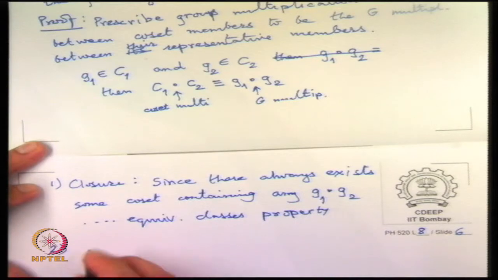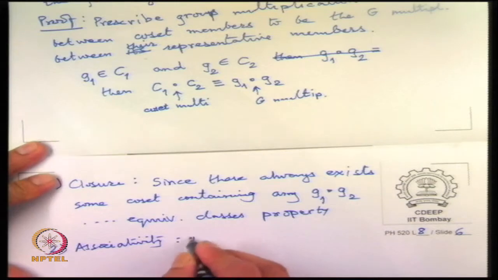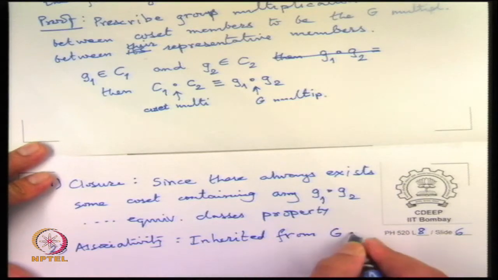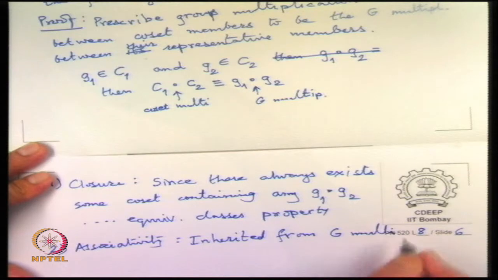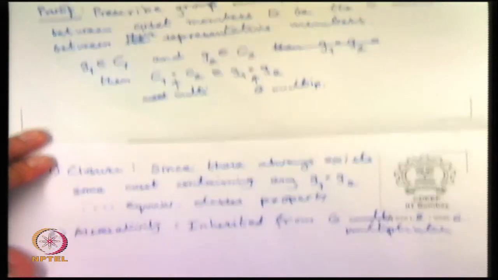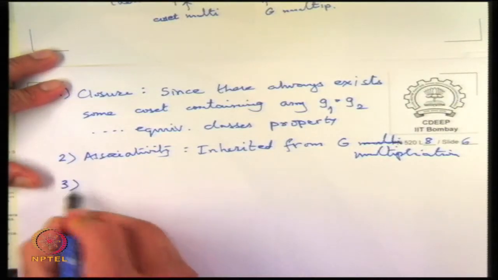Then second, associativity, that is easy because it is directly inherited from G multiplication. Then we need the existence of an identity.